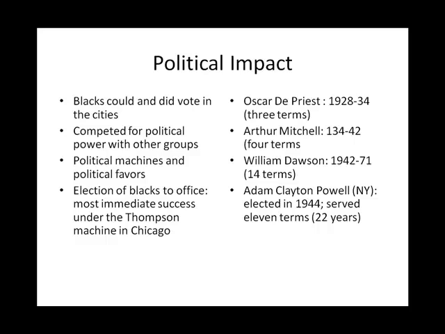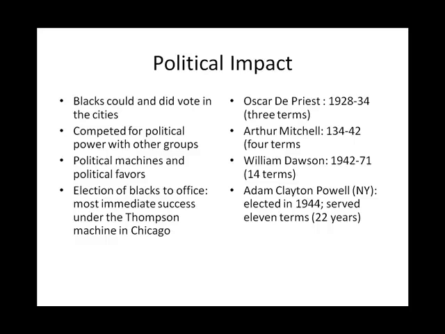The Great Migrations had a political impact as well as a cultural and a social impact. Probably one of the most obvious things that happens politically is that as larger numbers of blacks migrate to urban areas, and go to places where they can exercise the right to vote, number one is that blacks can and they do vote in these cities.